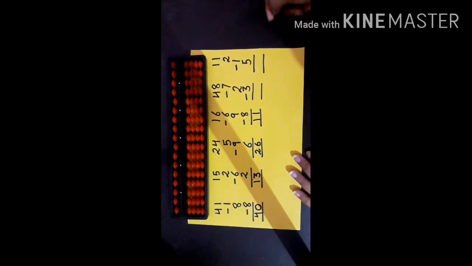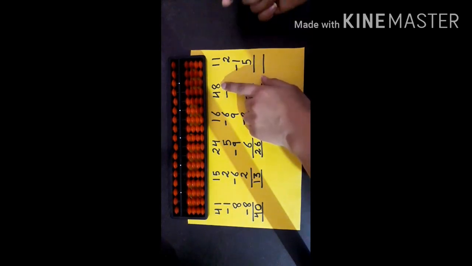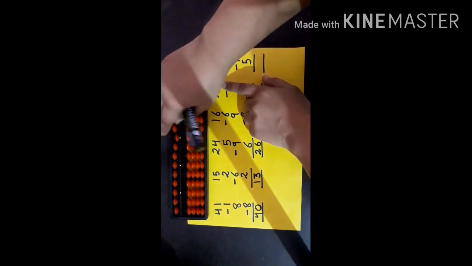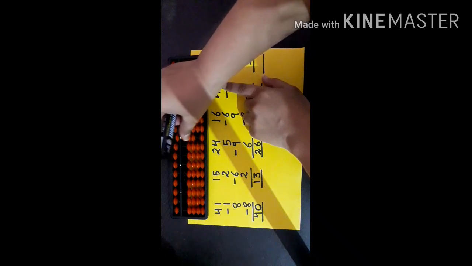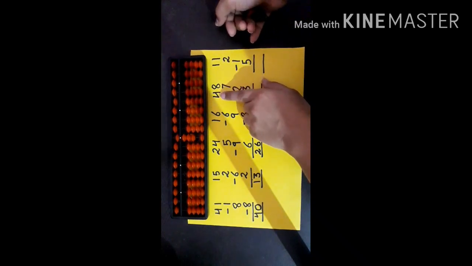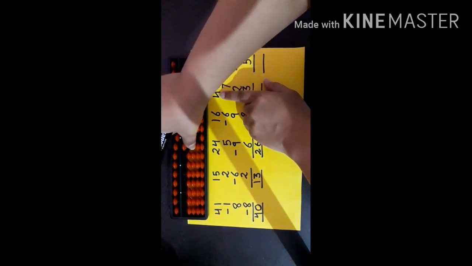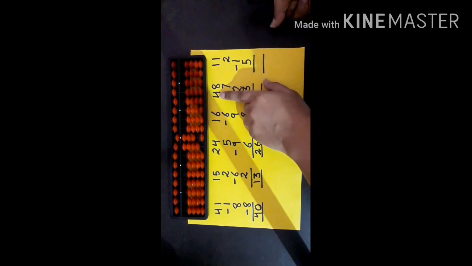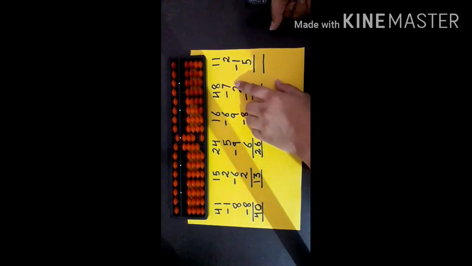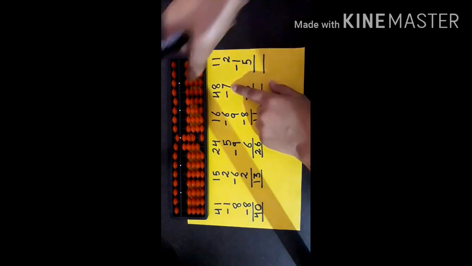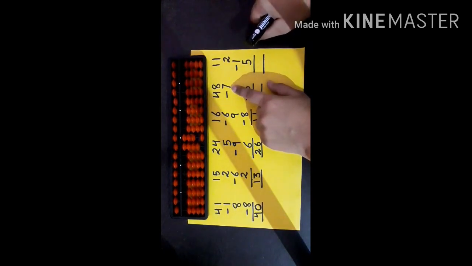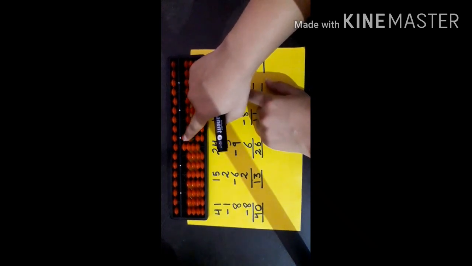Now students, our next question. 8 in first rod, 5, 6, 7, 8 and 4 in second rod. 1, 2, 3, 4. Now minus 7. Minus 7 means 5, 6, 7.